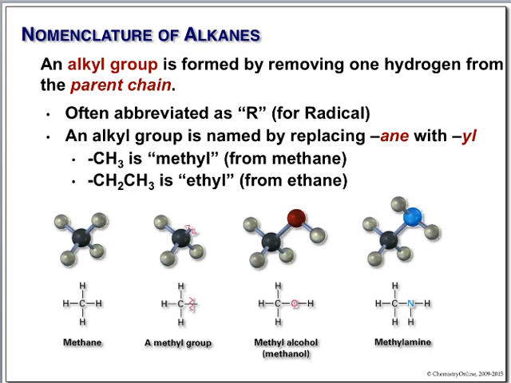Another example here, a couple more where we use this. This is an alcohol. We would call this methyl alcohol. This is an amine. We would call this methyl amine. So when you see the -yl, that tells you you're dealing with a substituent that's attached to something else.